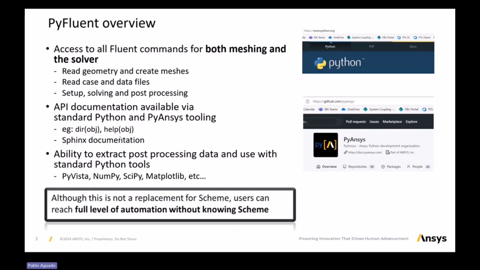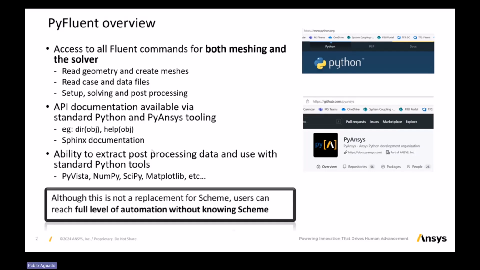There is an important message here when it comes to these Python API libraries for Fluent, which is that this is not thought of as a replacement for Scheme. Obviously, you can do mostly what you do in Scheme also with PyFluent now.